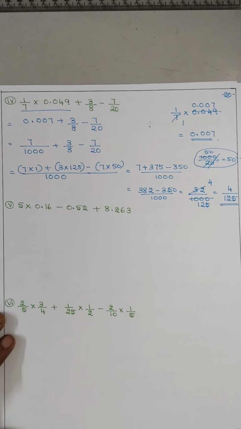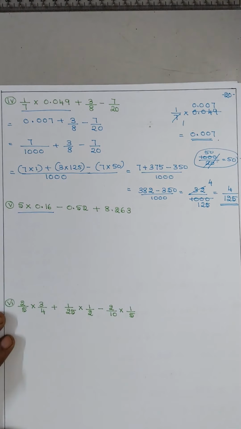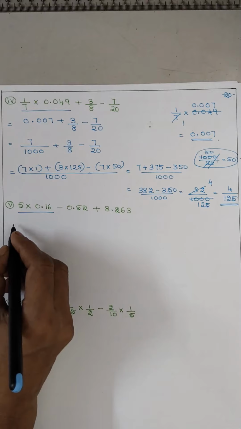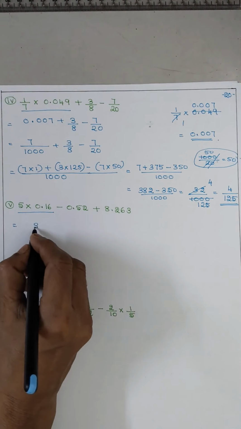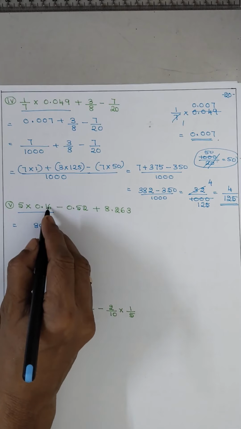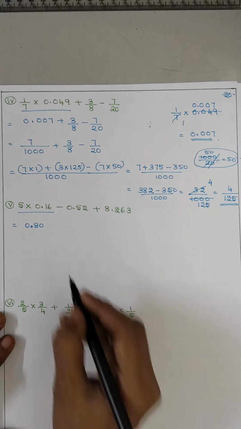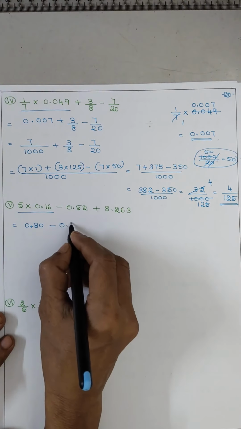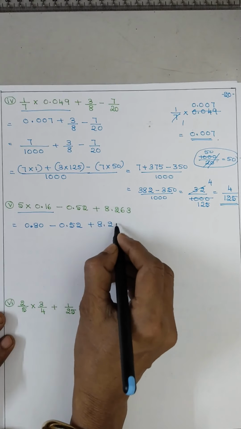Now coming to the fifth sum, multiplication is there, underline. So you know 16 5s are, it is 80. So 2 decimal, it will be 0.80 minus 0.52 plus 8.263.